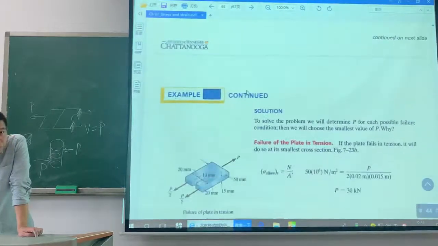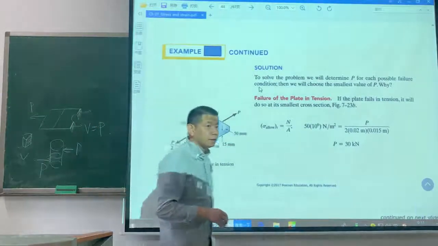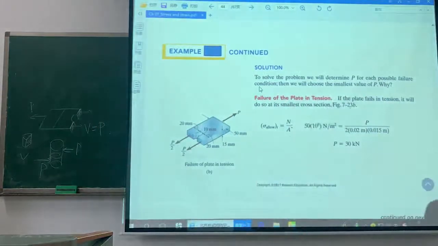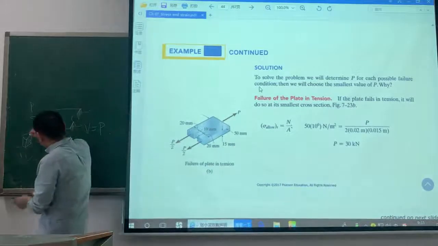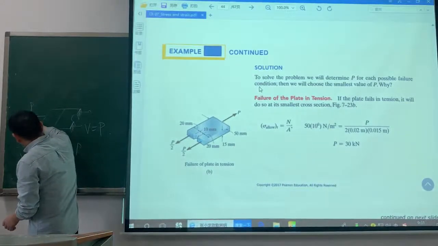How do they get the area? Yeah, the diameter. The diameter is 10 millimeter.